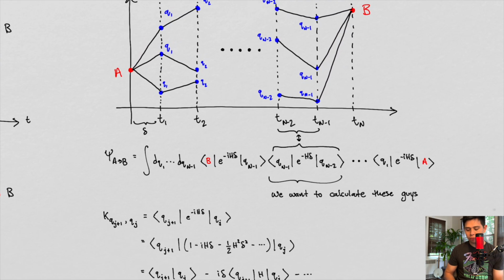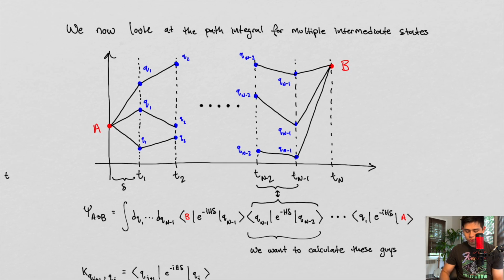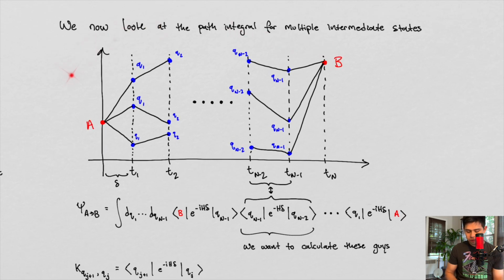Okay, let's complicate things even more. Now suppose we have multiple stopping points, multiple intermediate states. We have this picture right here: a bunch of Q1s, a bunch of Q2s, intermediate states between those, and then Qn minus 2s, Qn minus 1s, and then B. The n minus 2 refers to the state number.